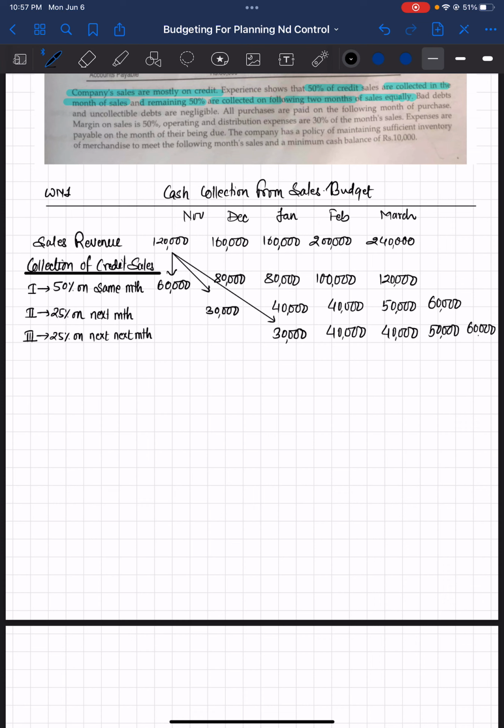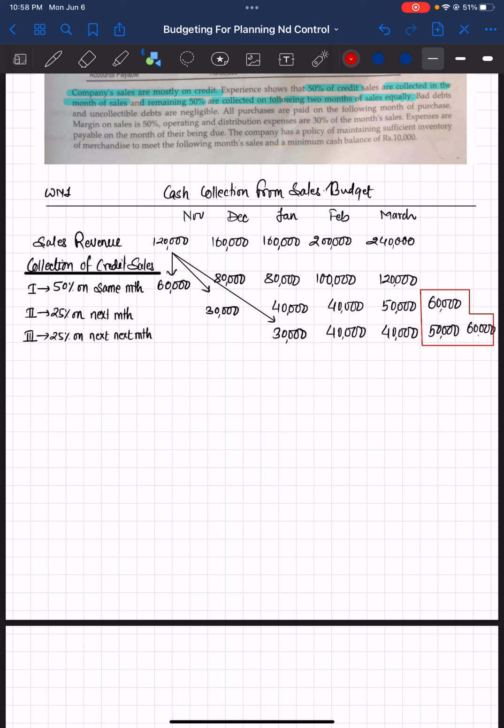So one thing that you notice is some amount is outside the budgeted box, right? All right. So how do we make it? Okay, let's make it like this. Okay. All right.